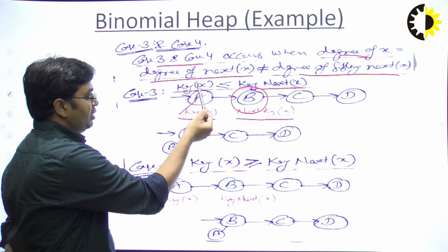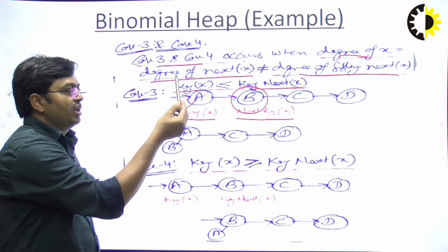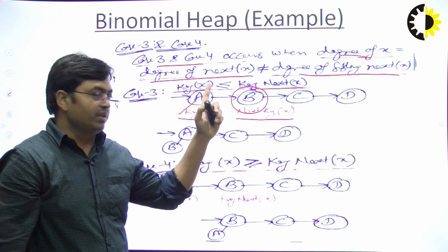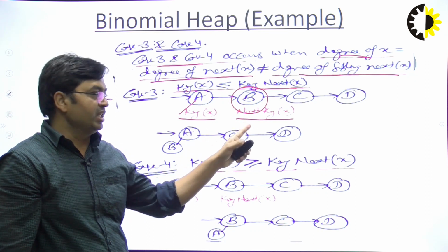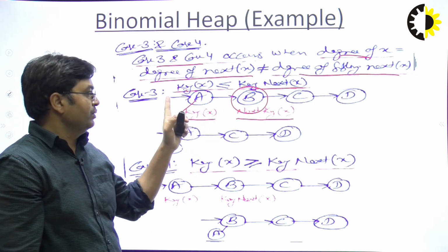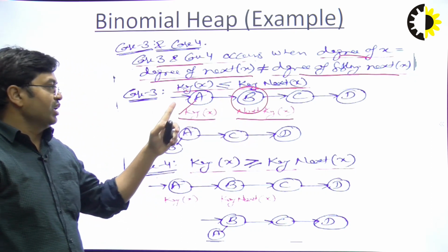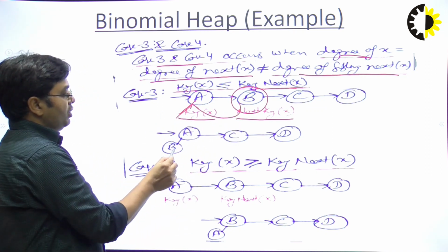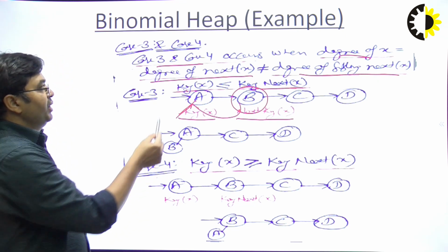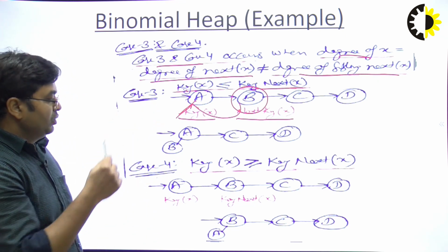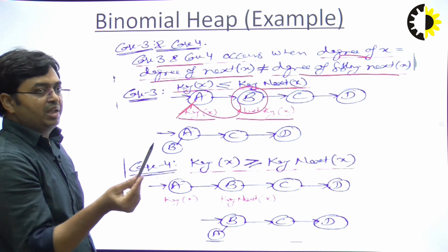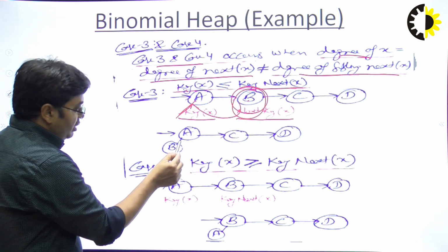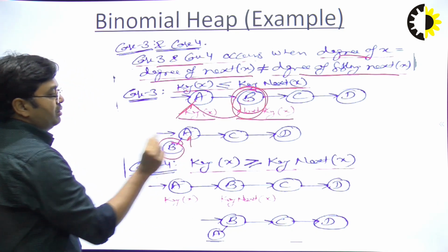Means if the second value is less than or equal to the value of x with which we are comparing, then it becomes the child node or left child node of the first node. Means we are making a union or decreasing the heap, means this whole part becomes the left part of the first node.